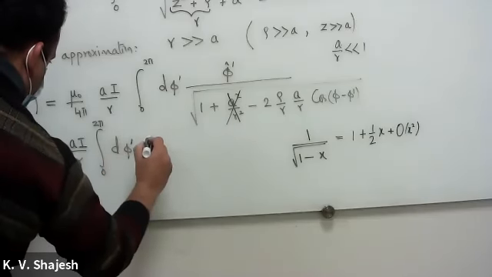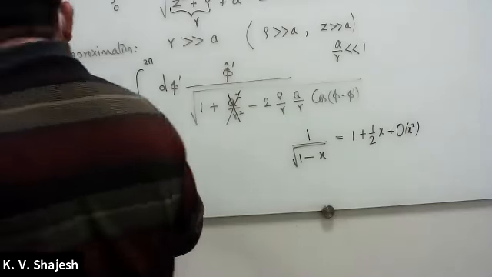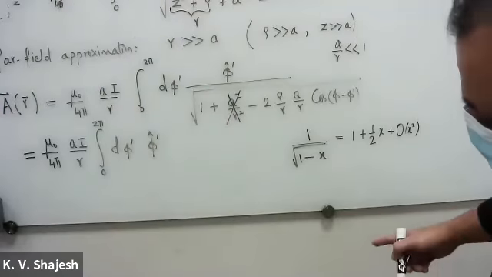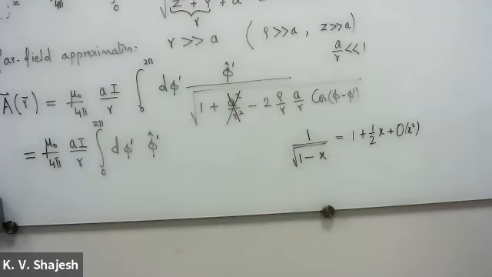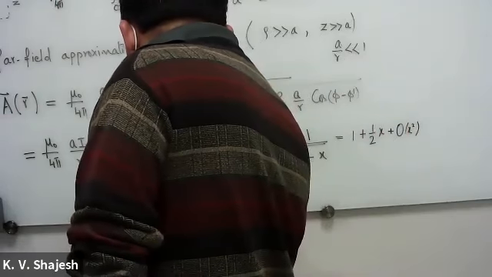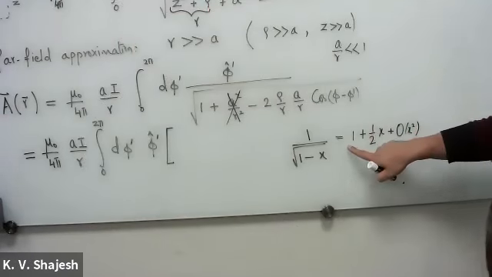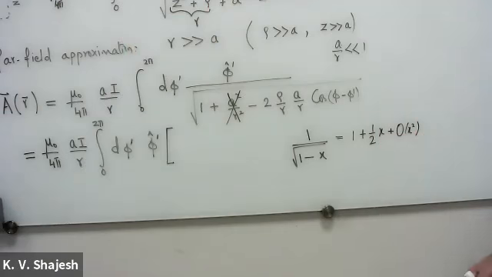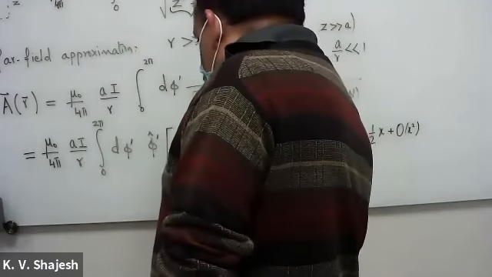There's a vector phi prime. Remember, vector phi prime is minus sine phi prime i hat plus cosine phi prime j hat. And this whole vector will have a 1 plus half of x. So this is 1.